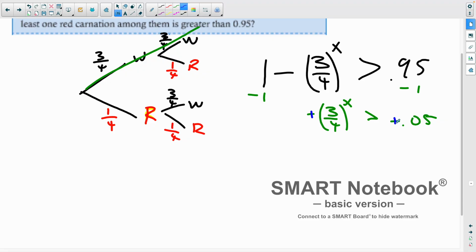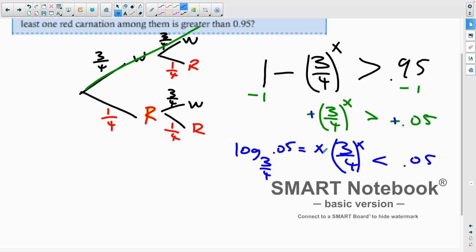Somebody says, yeah, I got to flip the symbol. So 3/4 to the x, flip the symbol, 0.05, and now I can do my log. I'm stuck here in exponential form, and I can change to log form. So log base 3/4 of 0.05 is going to equal x. That would be the number that I'm looking for.